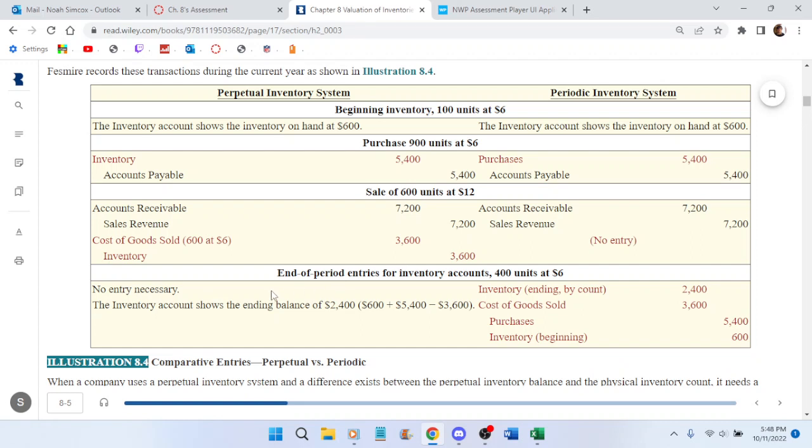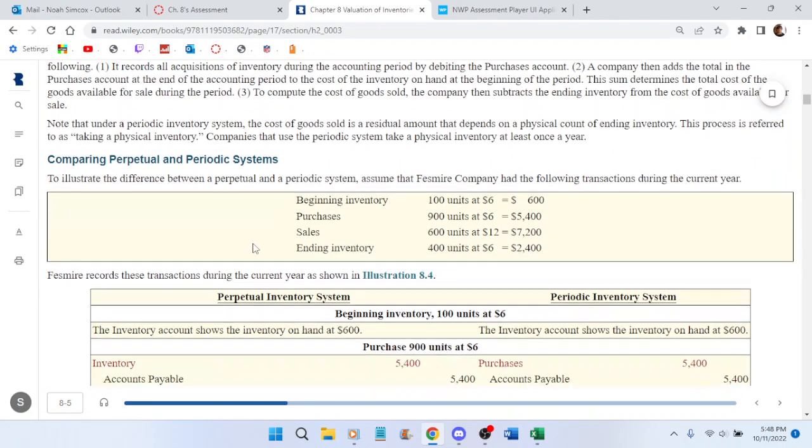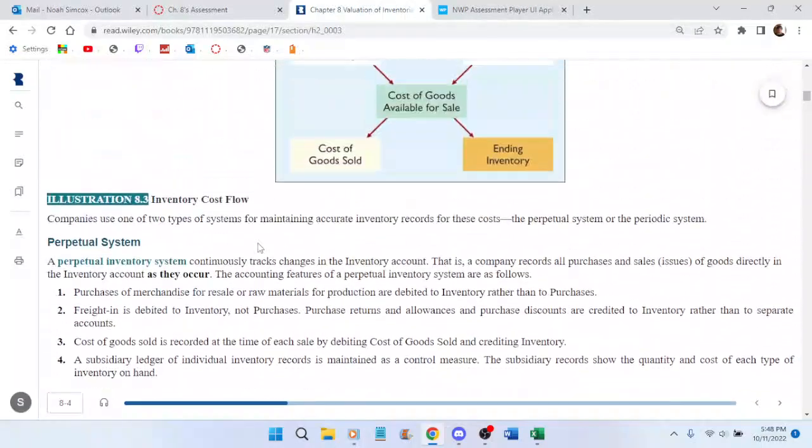There is no entry. Wait, hold on. Now cost of goods sold is going to care about the beginning inventory. It will care. So anyways, does this assume FIFO?